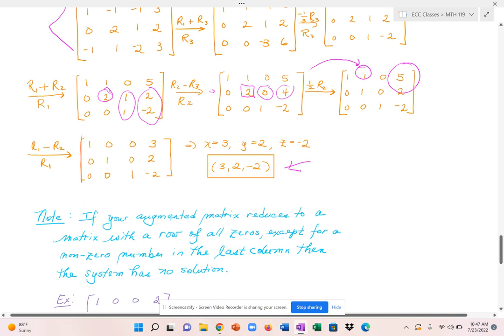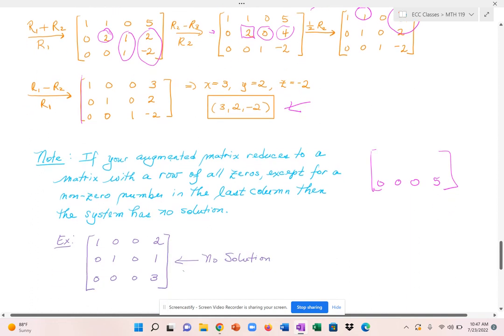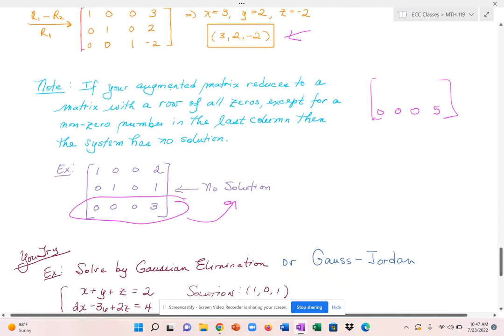So I did one example where I ended up with a whole row of zeros, but what this is saying is if you end up with a row where you get 0, 0, 0, and something that's not 0, that's going to be something that cannot be solved, an inconsistent system. So that would be an example of what it would look like. This would determine that you would have no solution for a system like that.